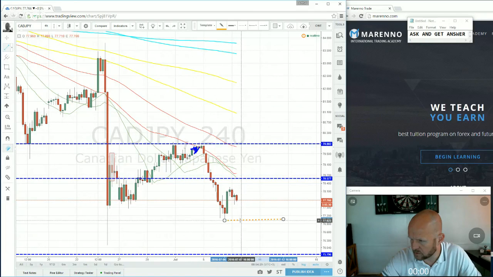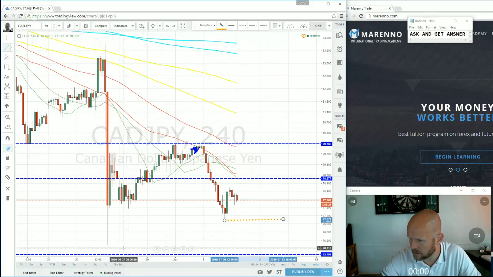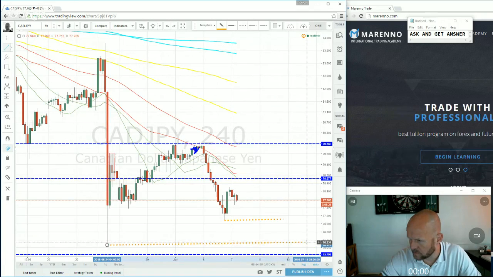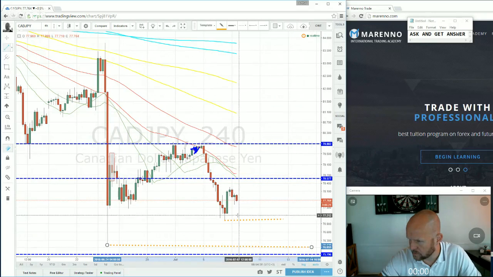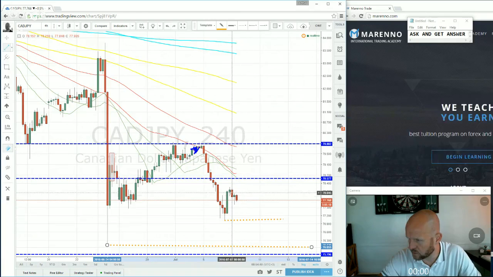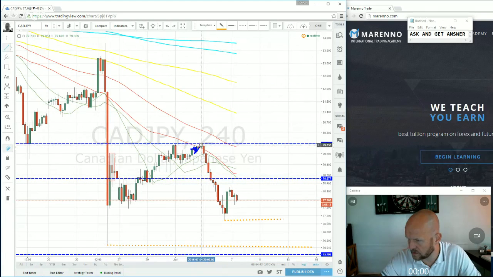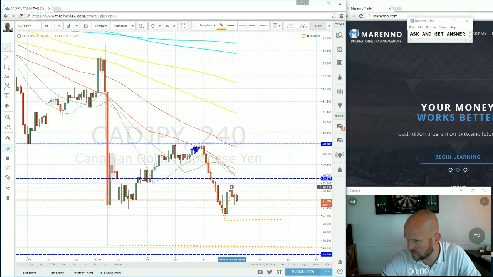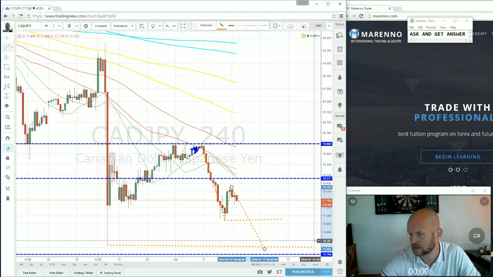So in case of a strong continuation from here, when this level is broken, the price can actually go up to here easily. We do have a very important level here, of course.